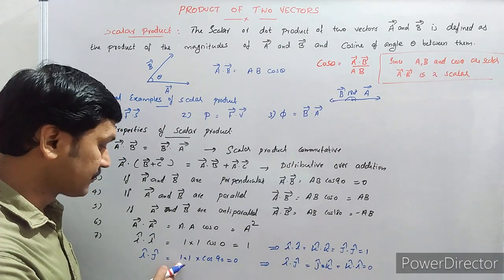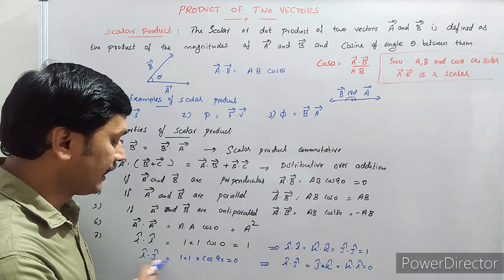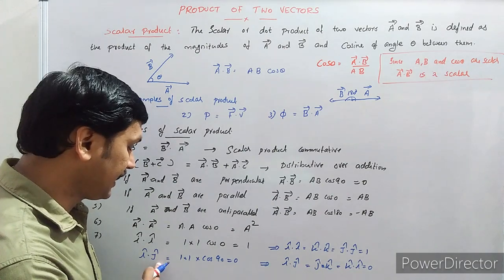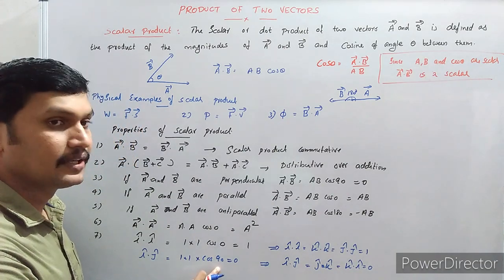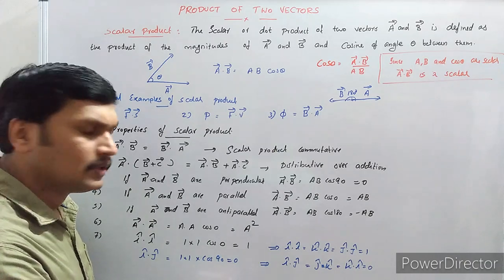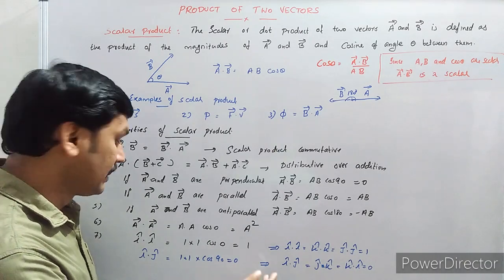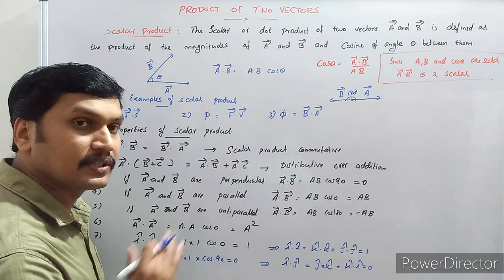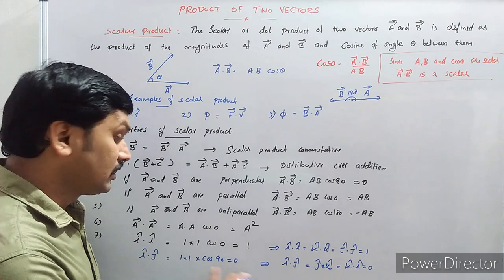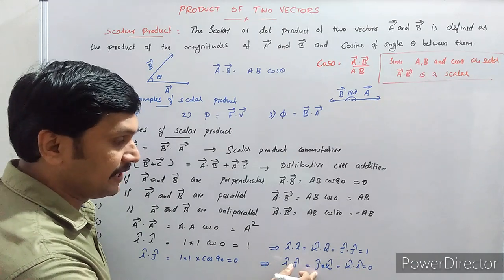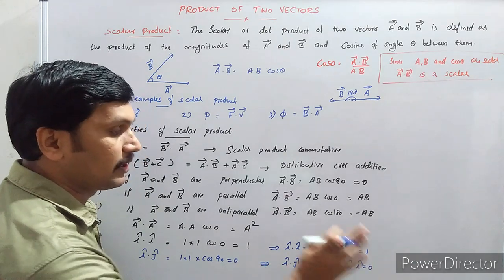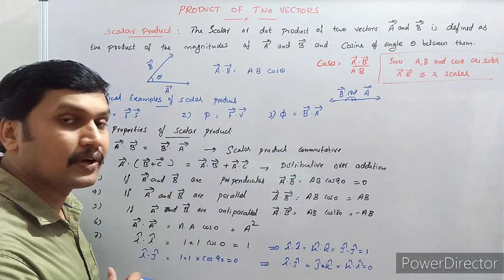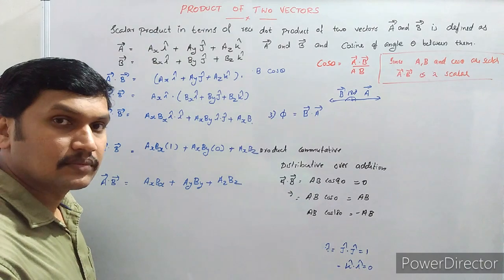The magnitude of I is 1, the magnitude of j is 1, and the angle between I and j is 90. So cos 90 comes to 0. Similarly, if you are taking I dot k, j dot k, all come to 0. So I dot j equal to j dot k equal to k dot I equal to 0. Those are some of the properties of scalar product.